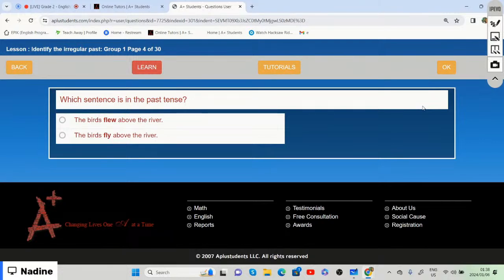All right. We need to choose a sentence that's in the past tense, right? But now it says the birds flew above the river, or the birds fly above the river. We need to choose the one sentence that shows the past tense verb.